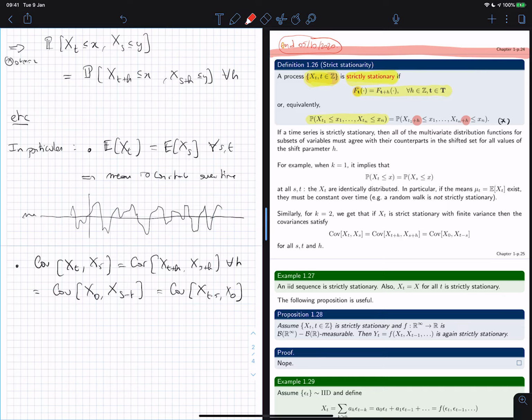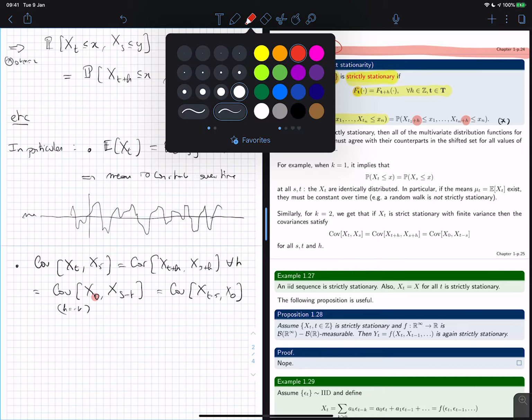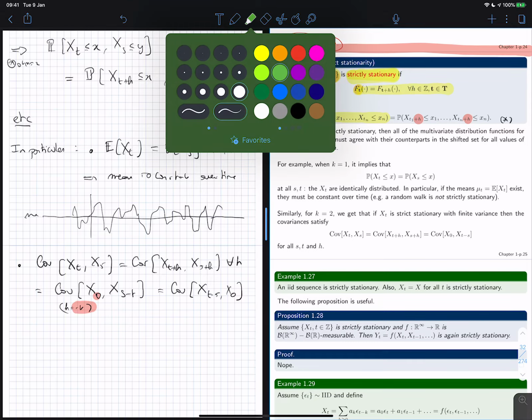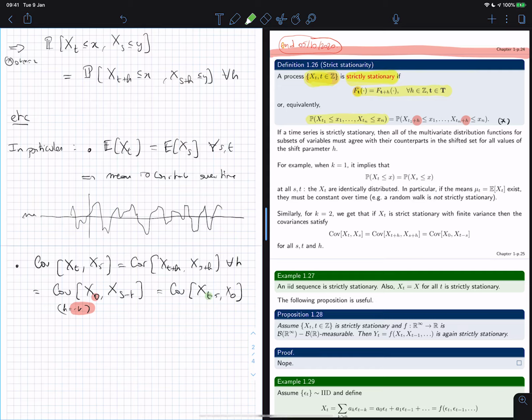So to go here, I take h equal to minus t, and to go here, I just take h equal to minus s.